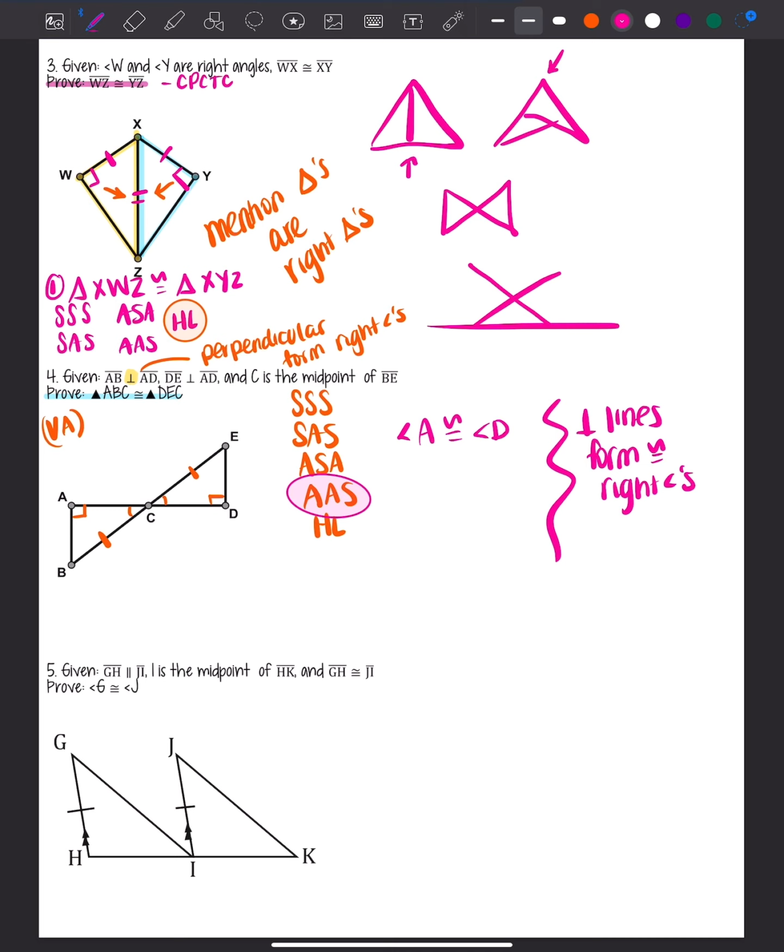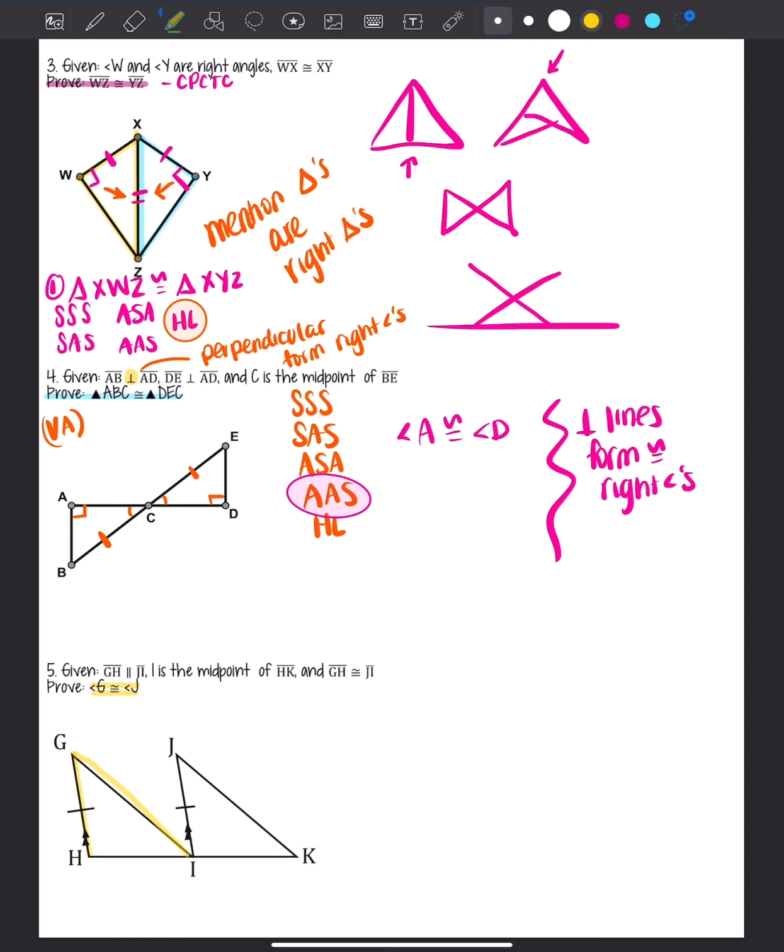In the last one, we are proving that angle G is congruent to angle J. And we want to keep in mind that congruent angles will only come from congruent triangles at this point, 9 times out of 10. So angle G is this angle right here. It's a part of this triangle that I'm highlighting in yellow.